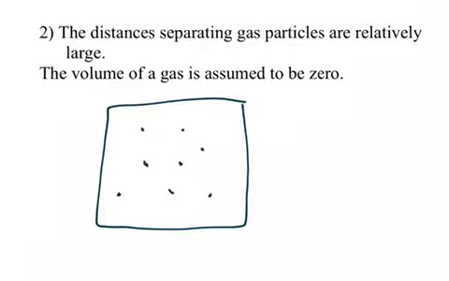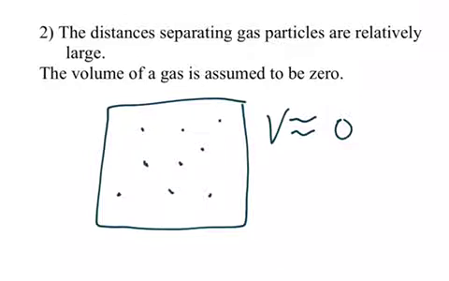If you compare the volume occupied by a single gas molecule to the volume of the remainder of the container, the volume of a gas is approximately zero. So we're going to assume that the volume of a gas is zero.